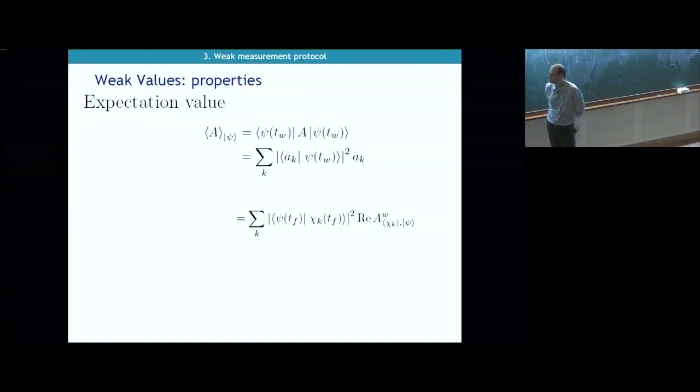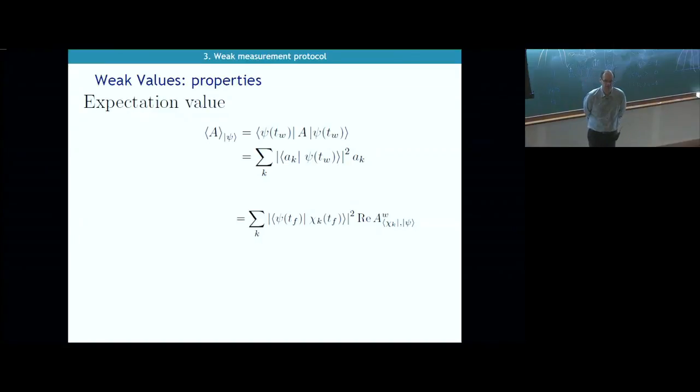You can claim that the weak values are statistical, or you can claim they are relative to an individual system, even though, in order to measure something, you need to make hundreds of measurements. Right?